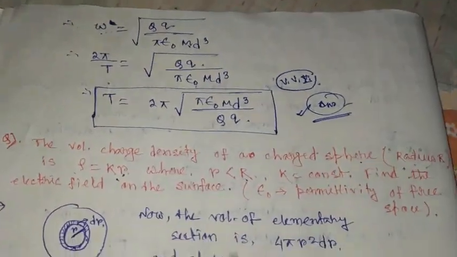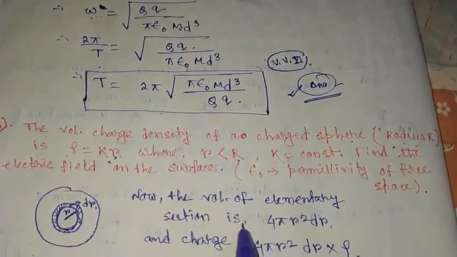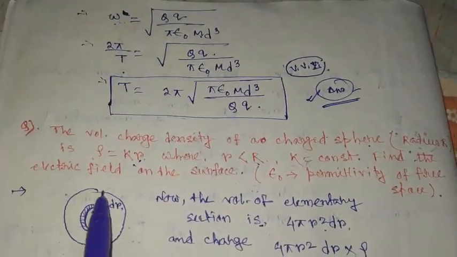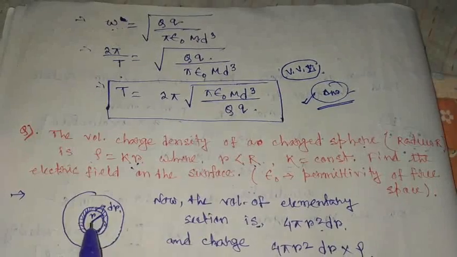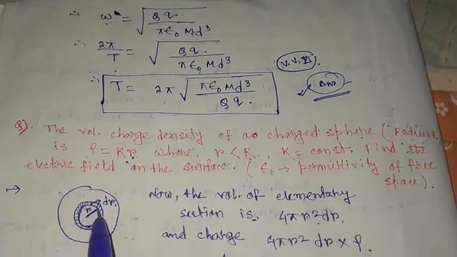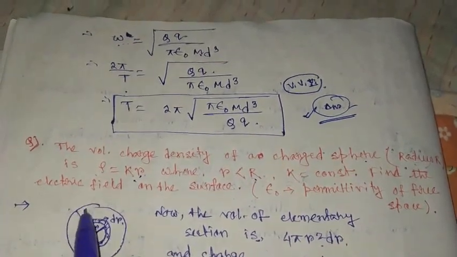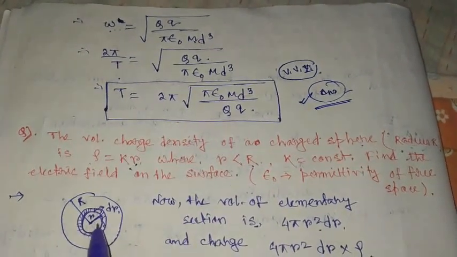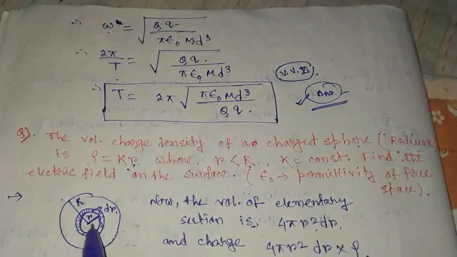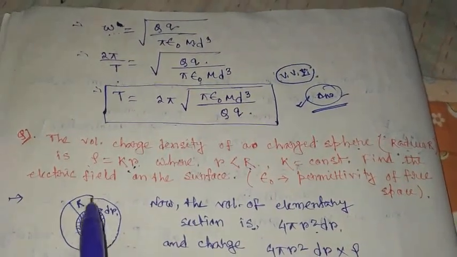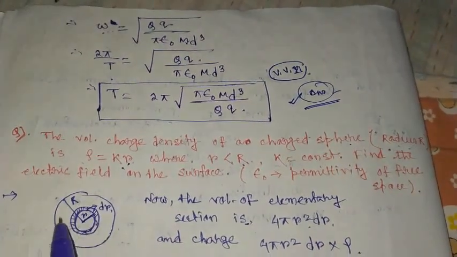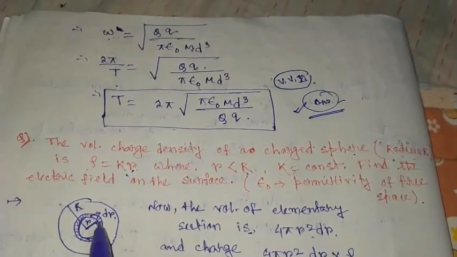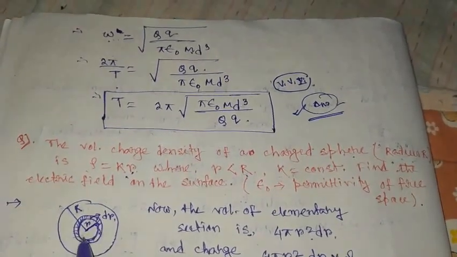Now the volume of the elementary section is 4 pi r square dr. This outer sphere is of radius capital R, and we consider a small sphere of radius r inside this big sphere, and dr is the elementary section.